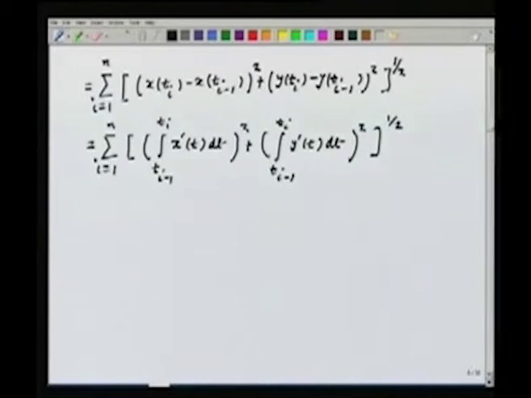Okay. This is by the second fundamental theorem of calculus. Now what does this mean?